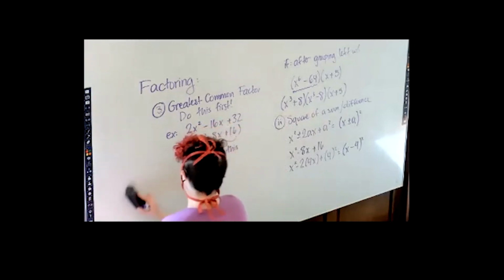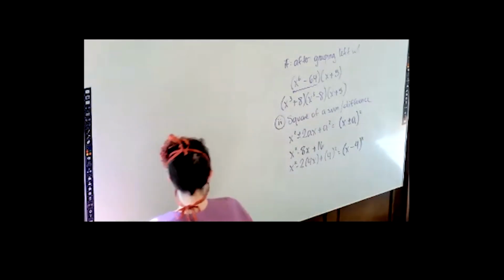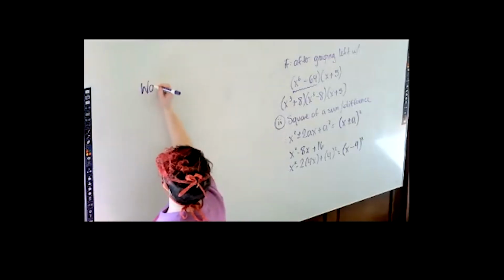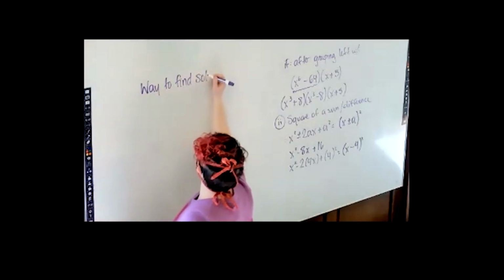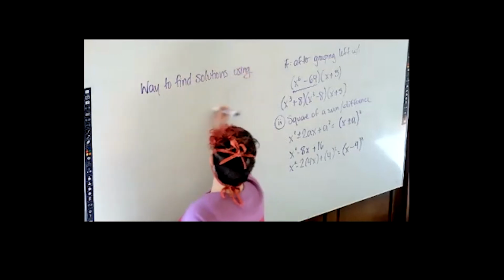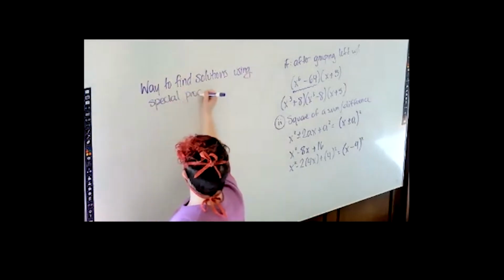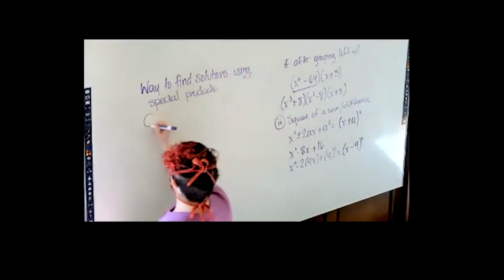Tyler brought up the idea of completing the square, which is sort of factoring, but it's mostly a way to find solutions using special products. And that's called completing the square.